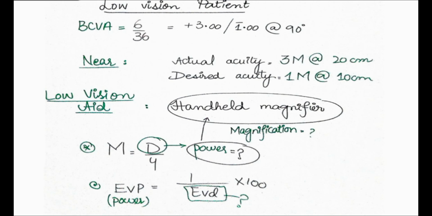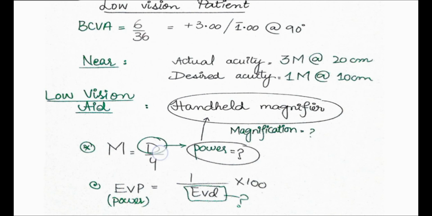We say that EVP equals 1 over EVD, which is the equivalent viewing distance, the distance at which the patient will see clearly as a normal person can see, right? Multiplying by 100, we can get the EVP. So let's move on.